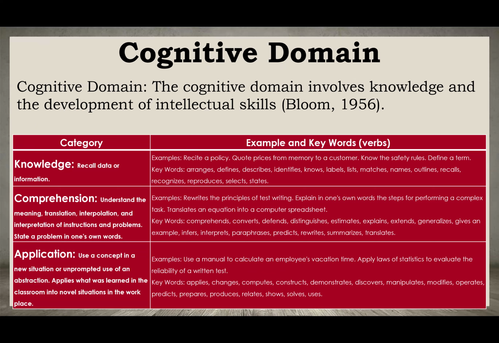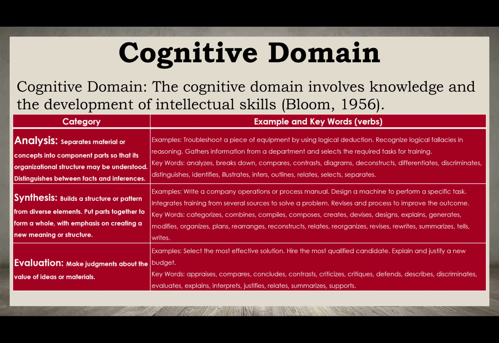Knowledge: recalling facts, terms, basic concepts, or answers without necessarily understanding them deeply. Understanding or comprehension: grasping the meaning of information by interpreting and translating what has been learned. Application: using the learned information in new situations or contexts.